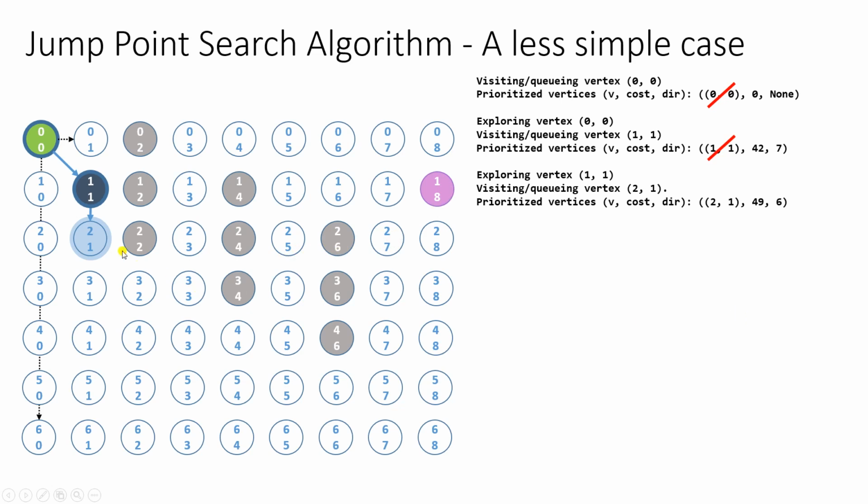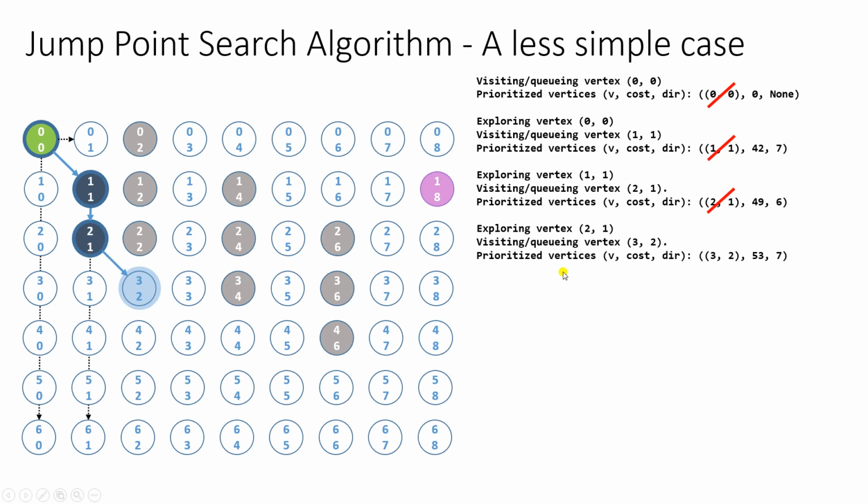Now we will be exploring vertex 2, 1. By exploring vertex 2, 1, we'll have a scan all the way down. We're always trying to continue the previous direction we came from, and as you can see for vertex 2, 1, that was direction 6, so all the way down.